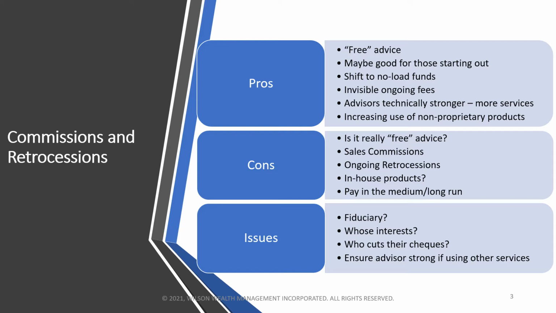The big disadvantage of commission or free advice is that it's not really free. You may pay a load to buy or sell the product. You may not. There may be no load. But you're always going to pay ongoing retrocessions that are fees buried in the management expense ratio.